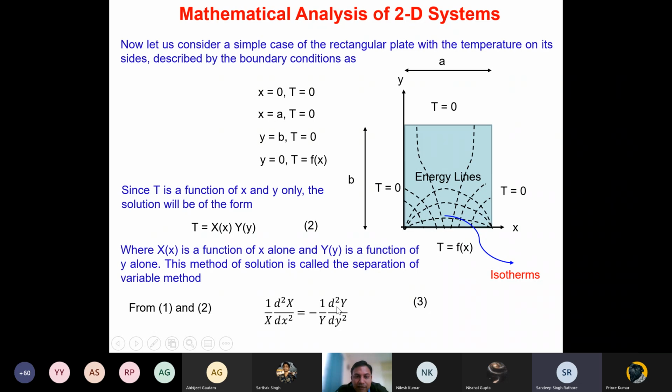Then we will not be able to say that this part is independent of y. So equation number 3 can be true only if both the left hand side and right hand side are equal to a constant value. Do you all agree? Yes, sir.